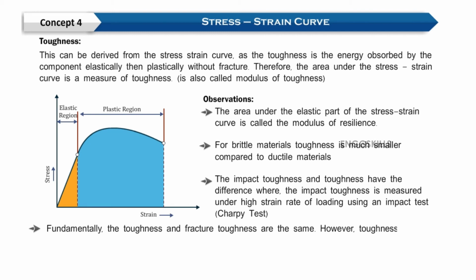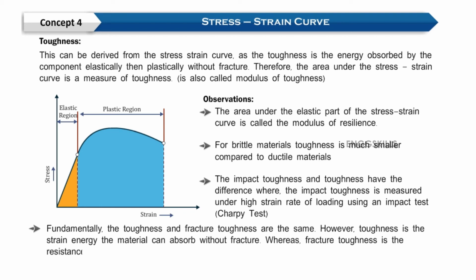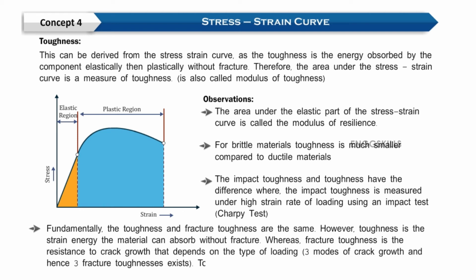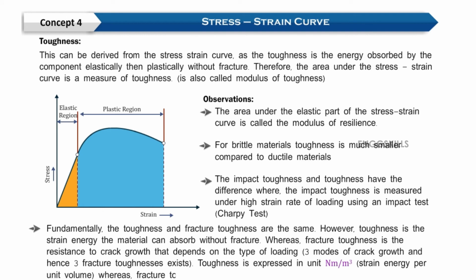However, toughness is the strain energy the material can absorb without fracture, whereas fracture toughness is the resistance to crack growth that depends on the type of loading. Toughness is expressed in units of newton meter per meter cube, that is, strain energy per unit volume, whereas fracture toughness is expressed in units of megapascal root meter.